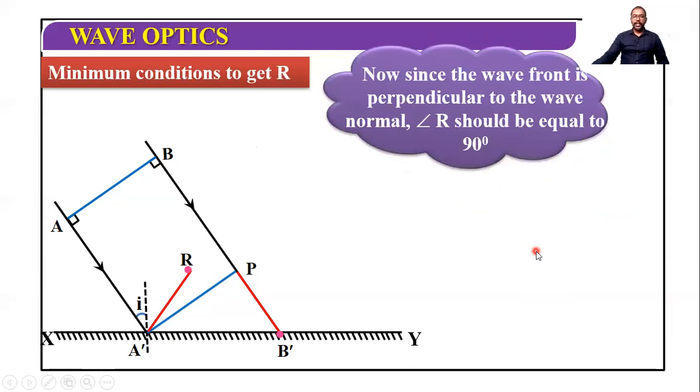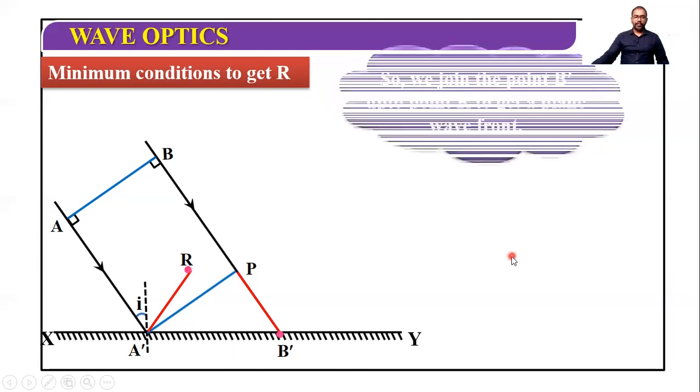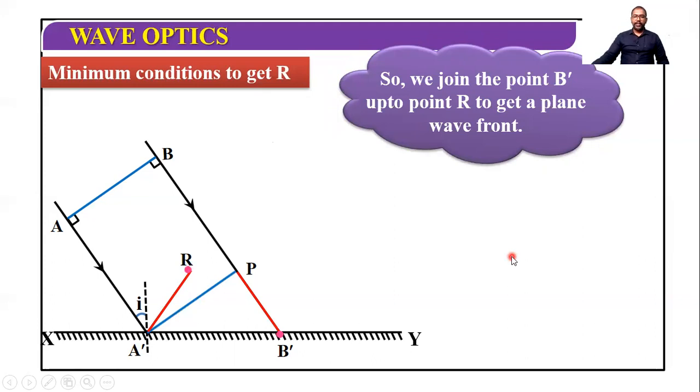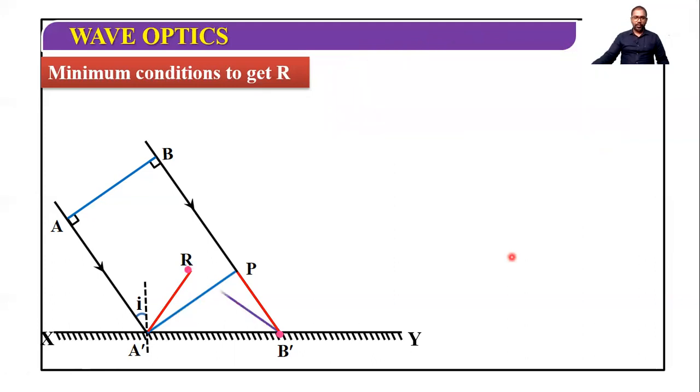Now, since the wavefront is perpendicular to the wave normal, this angle R should be equal to 90 degrees. So from this point B dash, when we connect this R, this angle is 90 degrees. Since we join B dash and R, we get a wavefront, and this is a reflected wavefront. So this angle is angle of reflection.